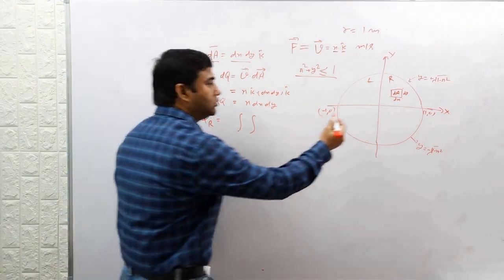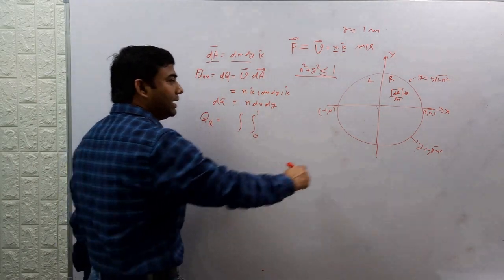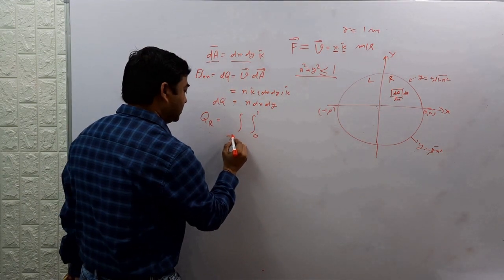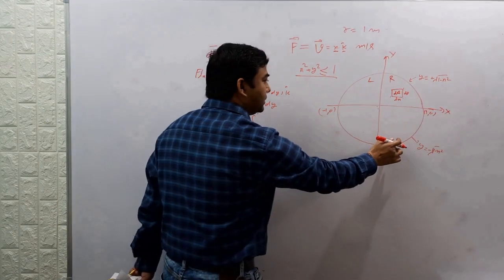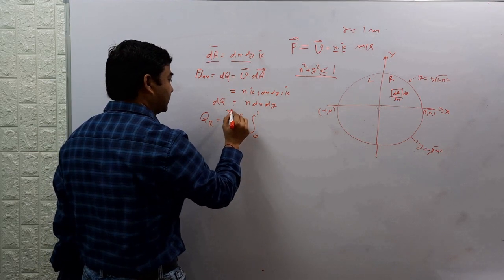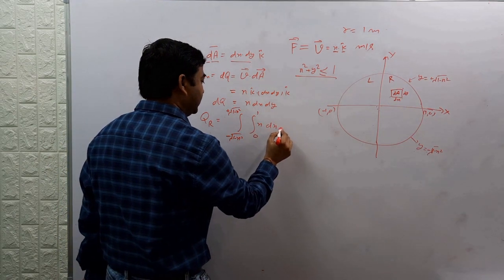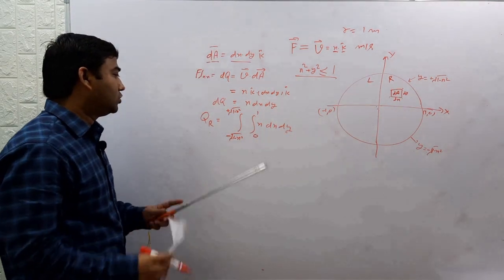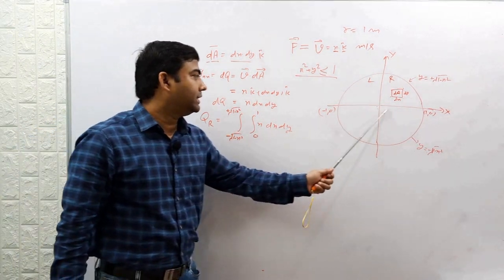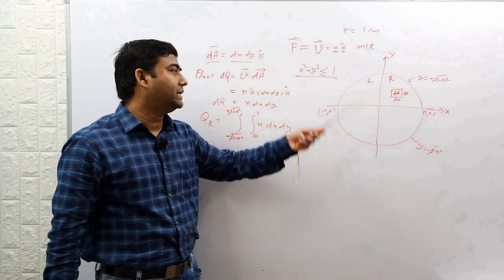Then we will find limits. In the x direction, the limit is 0 to 1. In the y direction, the equation of this curve is minus under root 1 minus x², and it will sweep and reach here, where the equation of this curve is plus under root 1 minus x². So for x dx dy, the range is 0 to 1 in the x direction and minus under root 1 minus x² to plus under root 1 minus x² in the y direction.